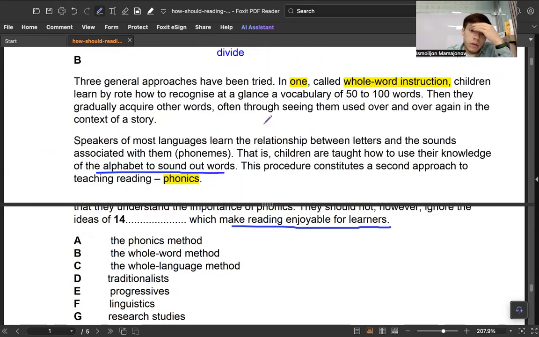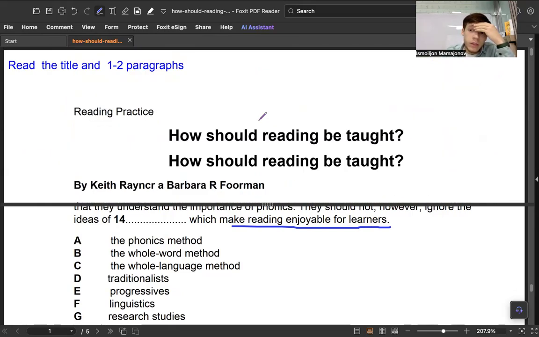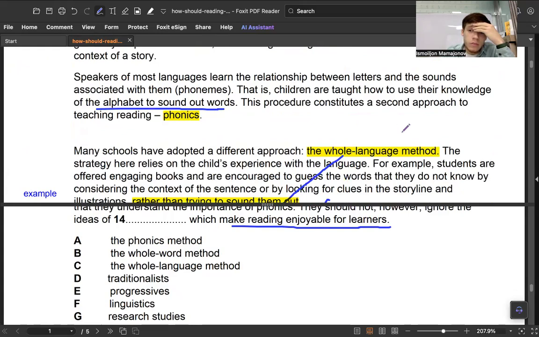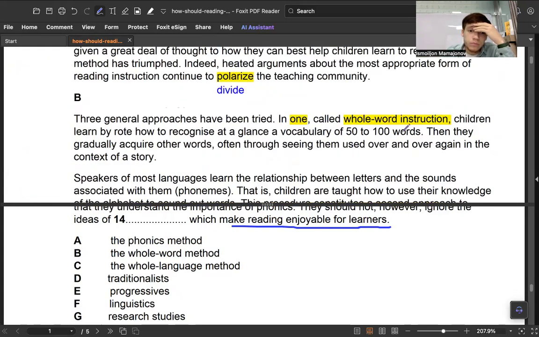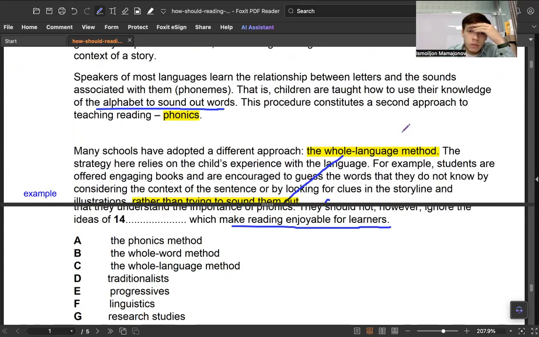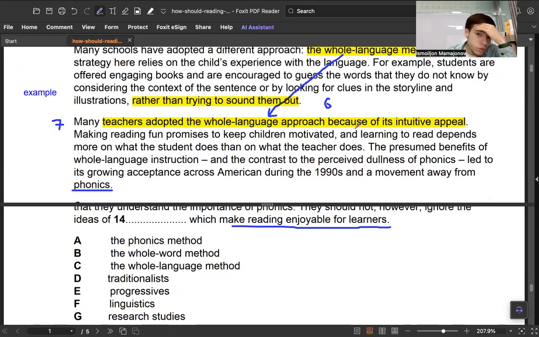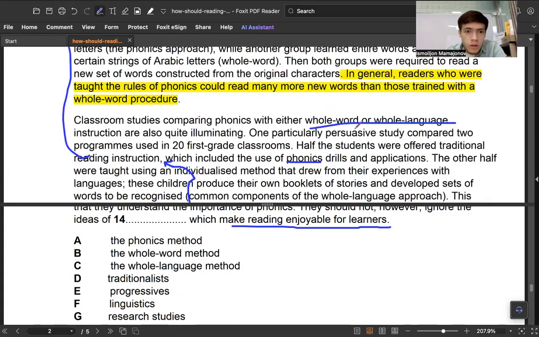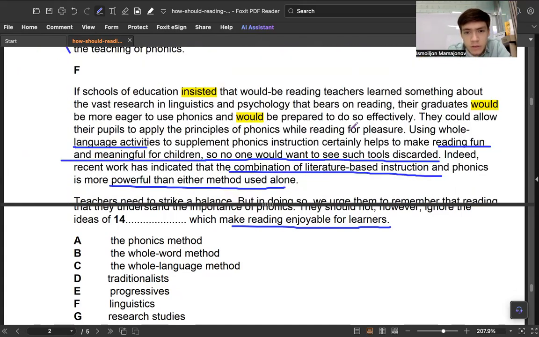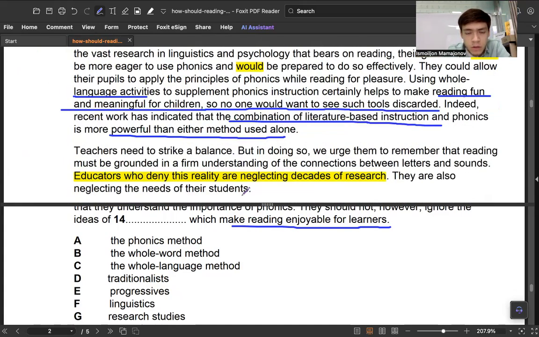In the B paragraph, it said intuitive approach, whole language was intuitive. That's one reason. And another reason it says fun and meaningful. So I think this one, which makes reading fun.